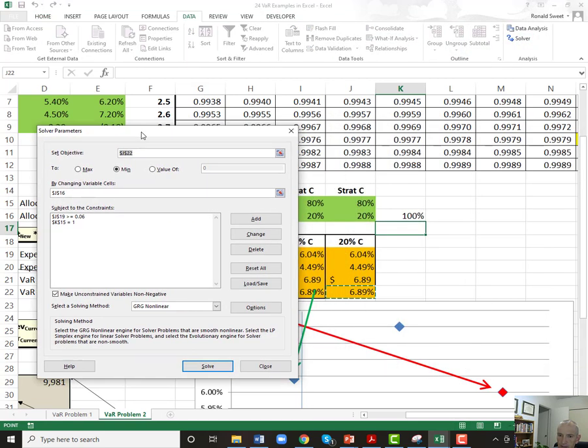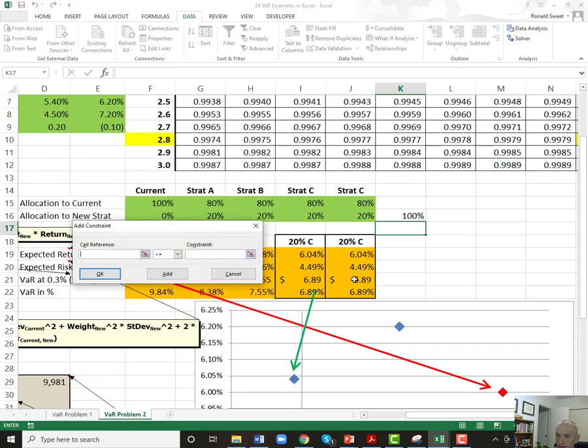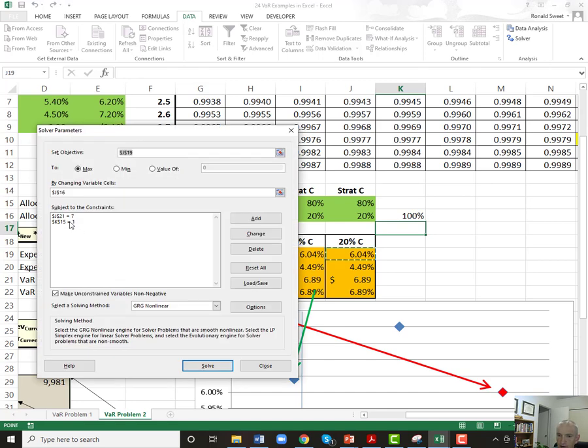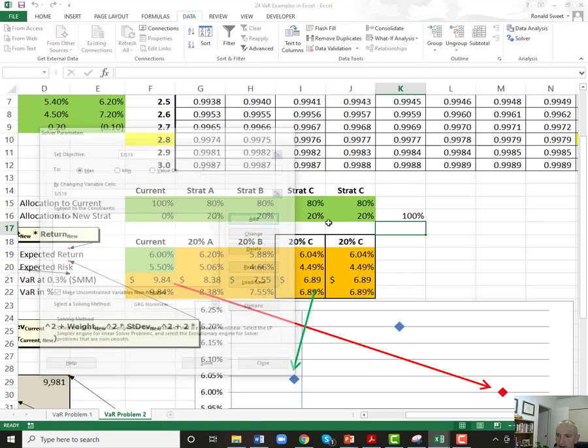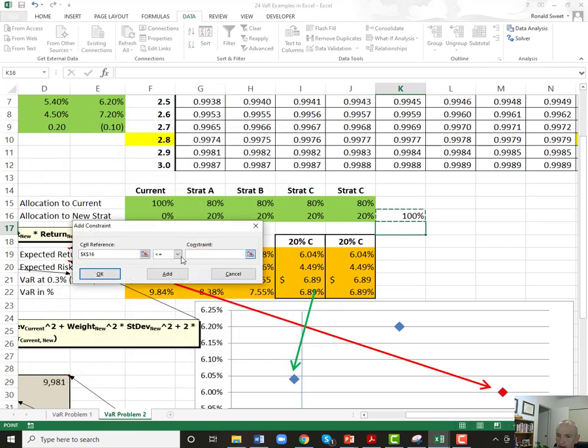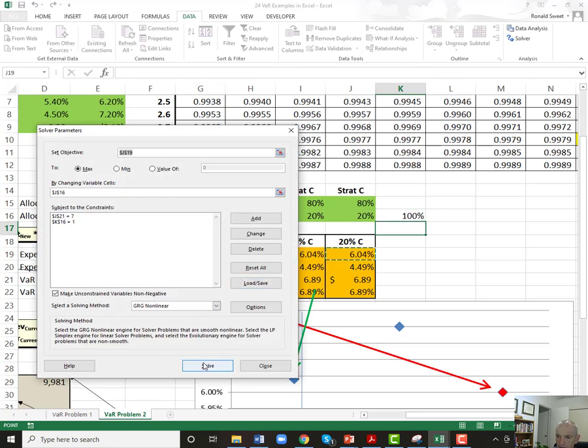Let's maximize our return by having, let's add a constraint that makes our risk exactly equal to $7 million. And we'll add a constraint that we want the sum of those two allocations to equal exactly 100%. I never know if this will work, but let's try it.